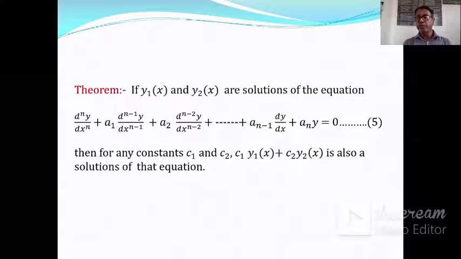Now first we see this theorem. If y1(x) and y2(x) are solutions of the nth order homogeneous linear differential equation with constant coefficient d^n y by dx^n plus a1 d^(n-1) y by dx^(n-1) plus a2 d^(n-2) y by dx^(n-2) plus ... plus a(n-1) dy by dx plus an y is equal to 0, then for any constants c1 and c2, c1 y1(x) plus c2 y2(x) is also a solution of this equation 5.